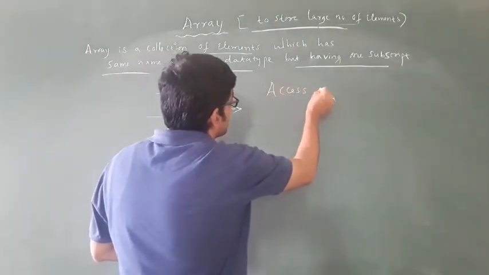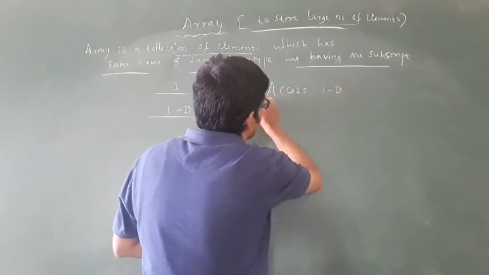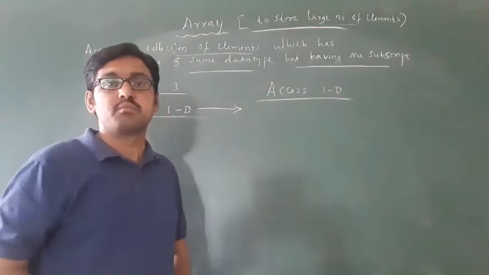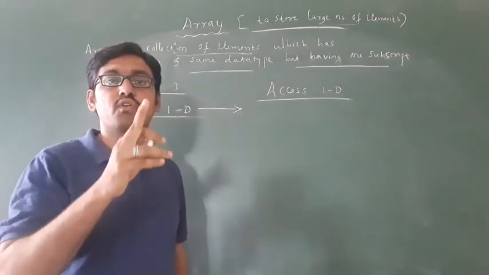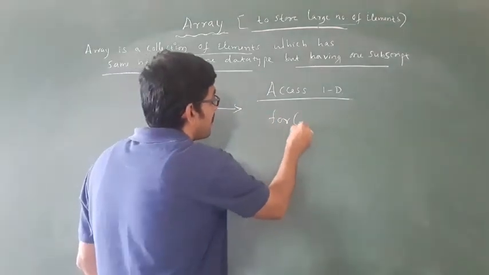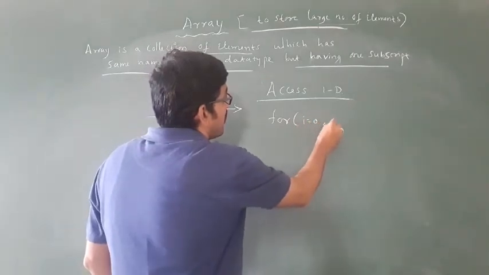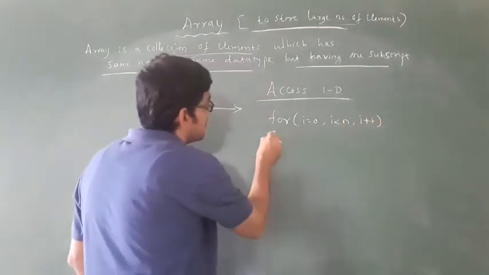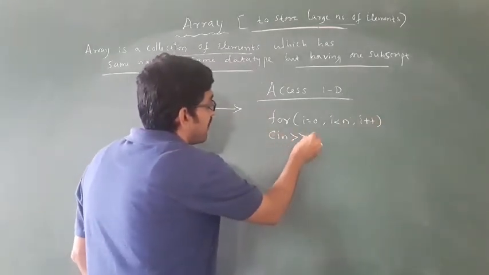How to access 1D array? Wherever there is an array, must and should you have to use a for loop. Okay, for loop always you have to use for i equal to 0, i less than n, i plus plus with cin operator, a of i.